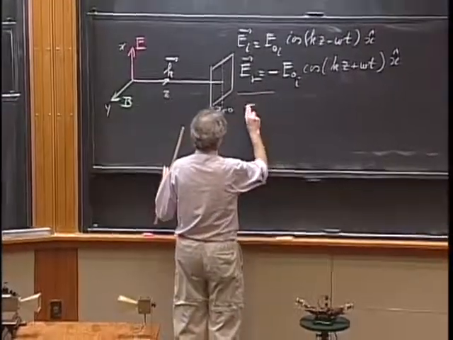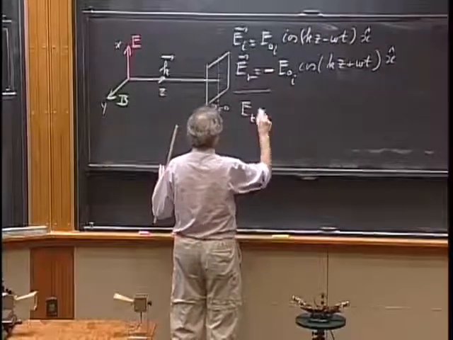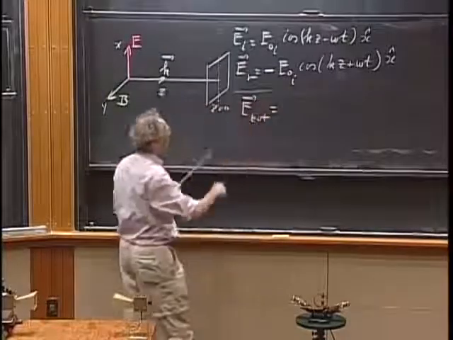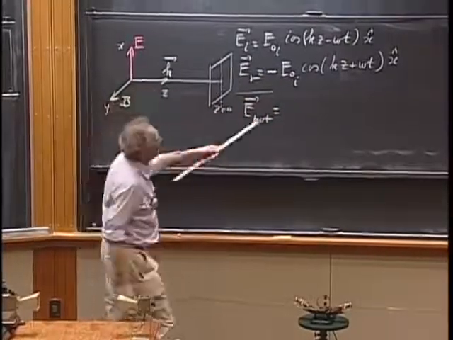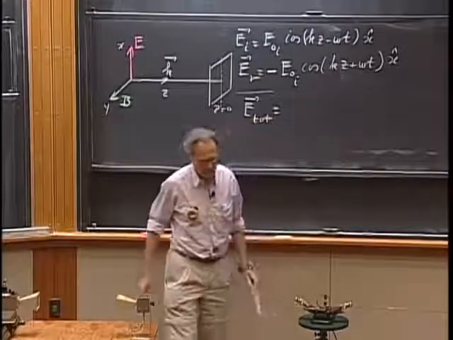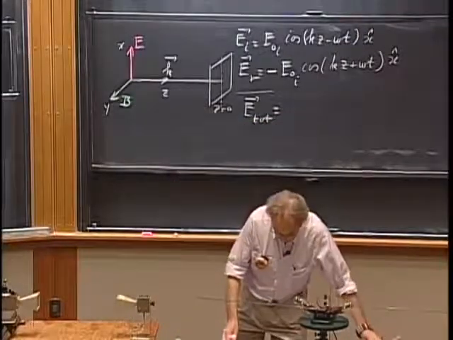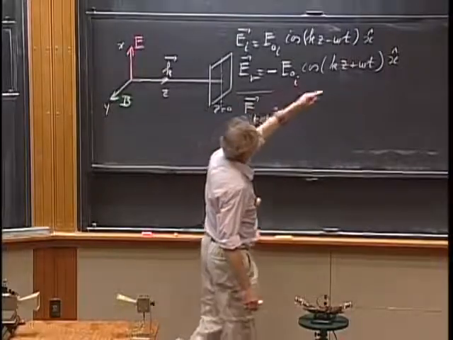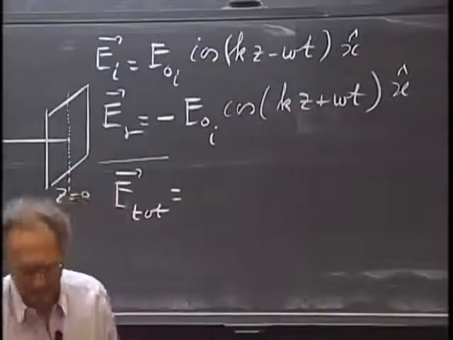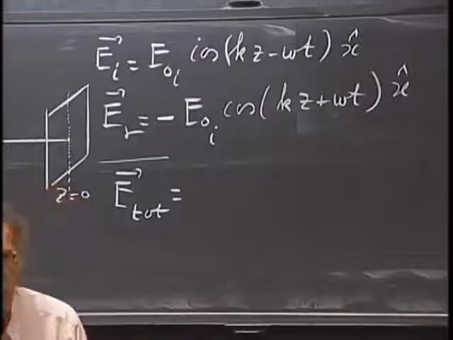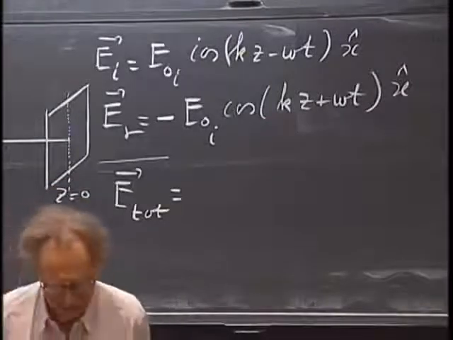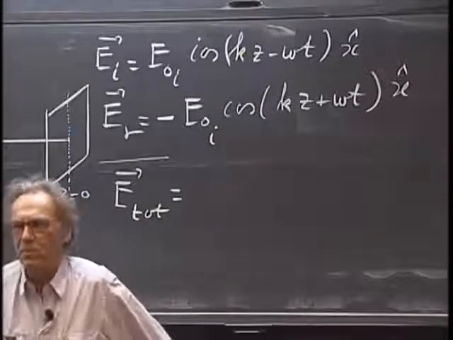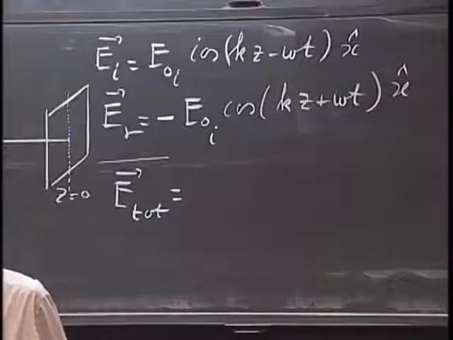The total electric field, which is the sum of the two, one moving in this direction and this one moving backwards, is of course the vectorial sum. So I have the cosine of alpha, if I call that alpha, minus the cosine of beta. Your high school days tell you that that is twice the sine of half the sum times the sine of half the difference.